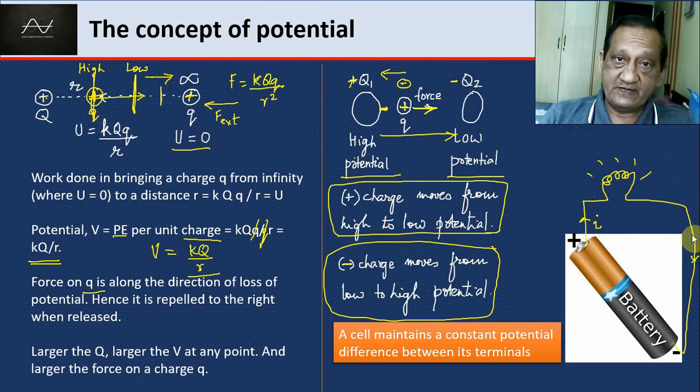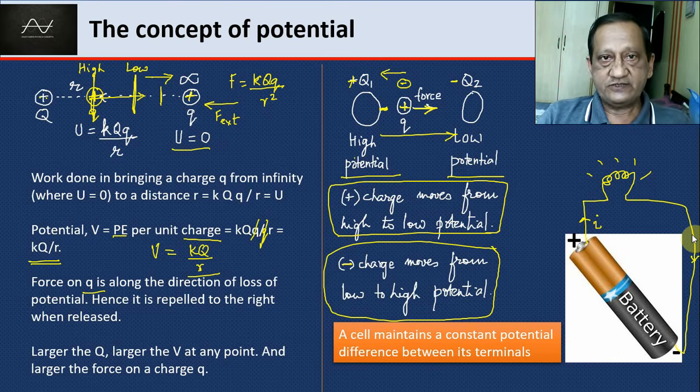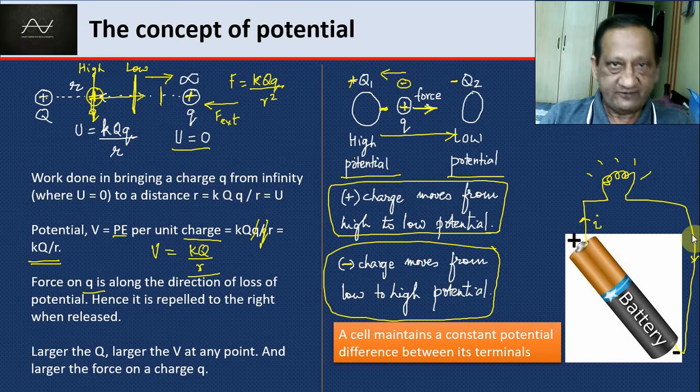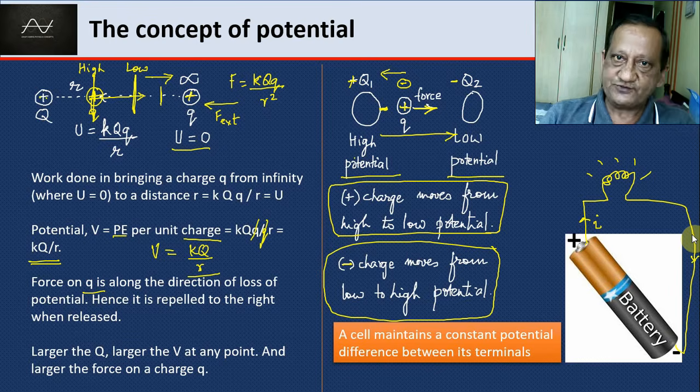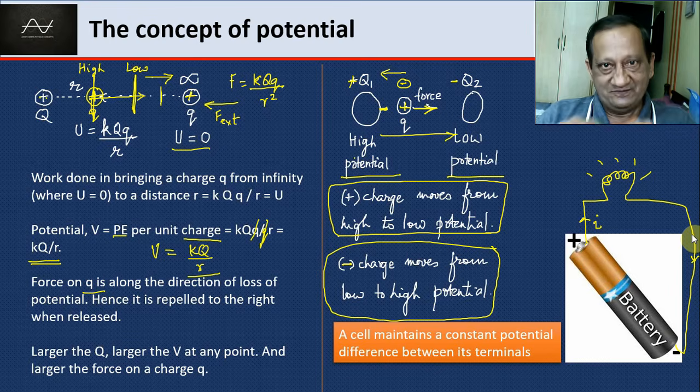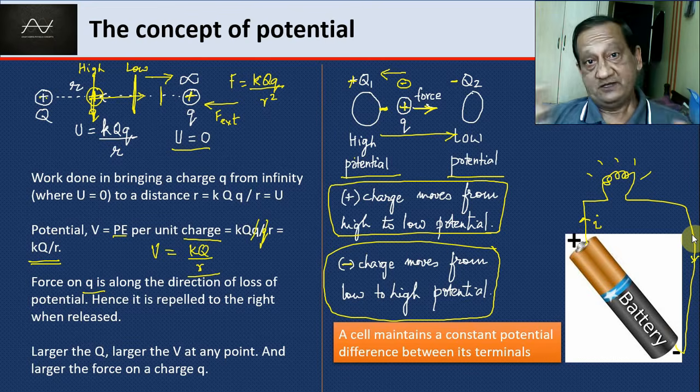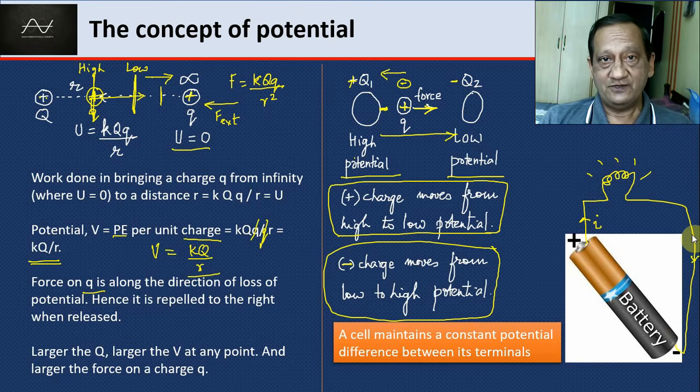Your car battery is another technology which has lead plates dipped in sulfuric acid. It is all chemical action. It is all due to chemistry that we are able to accumulate charges plus and minus, thereby creating a potential difference, thereby creating a force on a charge that is free to move around. That is the concept of potential.